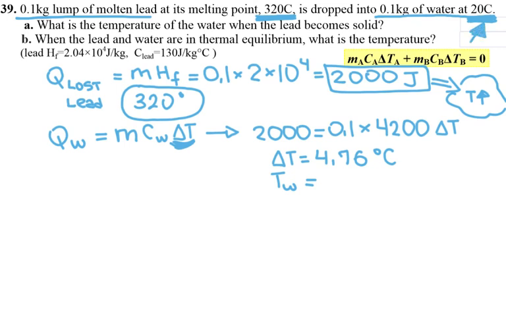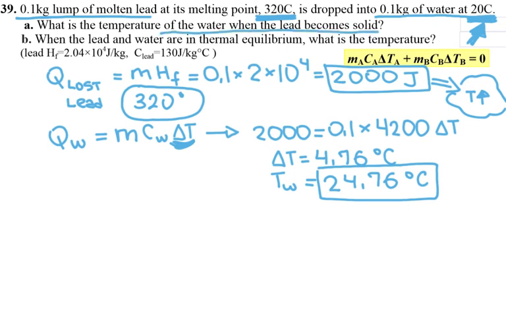And initially it was 20 degrees Celsius. So the new one is 24.76 degrees Celsius. The first question they asked was the temperature of the water when the lead becomes solid. So that will be your first answer: 24.76 degrees Celsius.